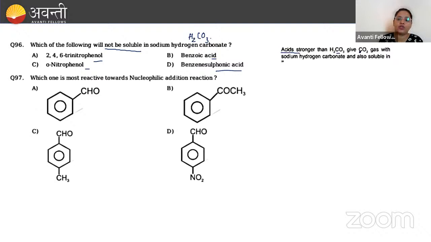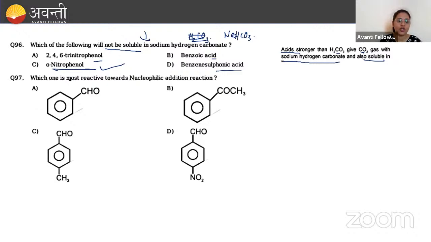Acids which are stronger than H2CO3 give CO2 gas with sodium hydrogen carbonate and are also soluble in it. So orthonitrophenol will not be soluble, because it cannot give the CO2 gas.